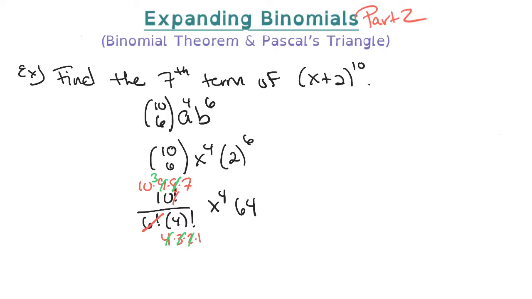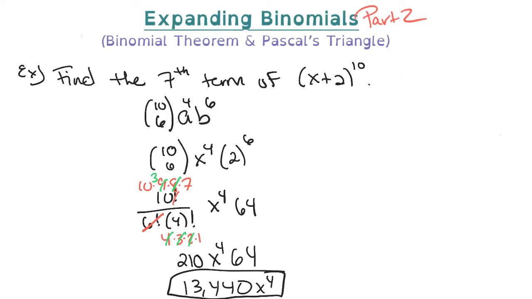So if your calculator doesn't do 10 choose 6 for you, there are a lot of easy simplifications here that you don't have to use a big calculator for. So 3 times 7 is 21, times 10 is 210, x to the 4th times 64. And when we multiply those together, we get 13,440x to the 4th.